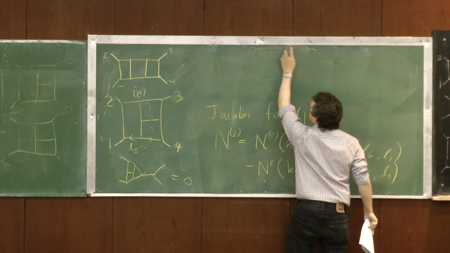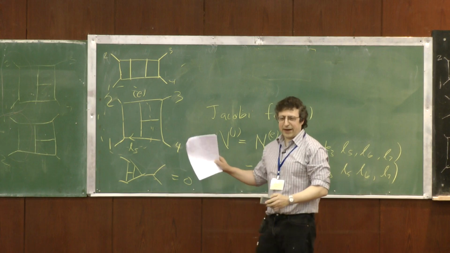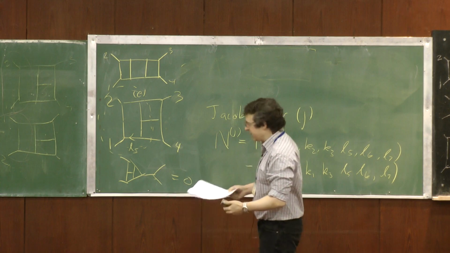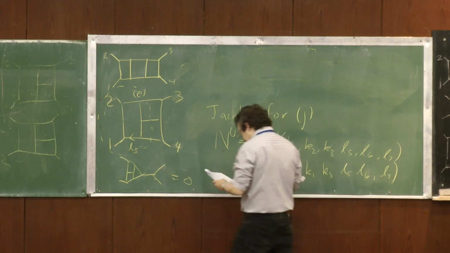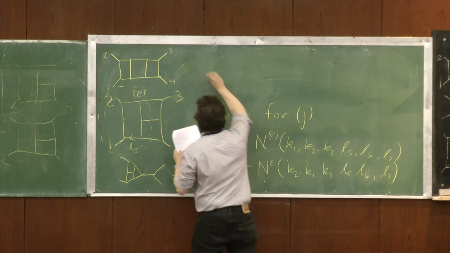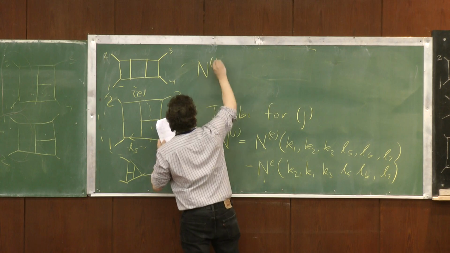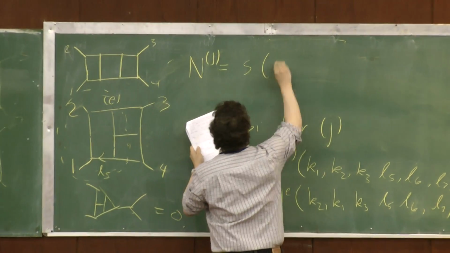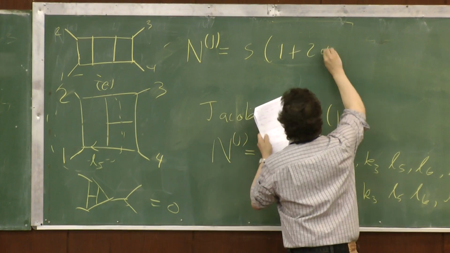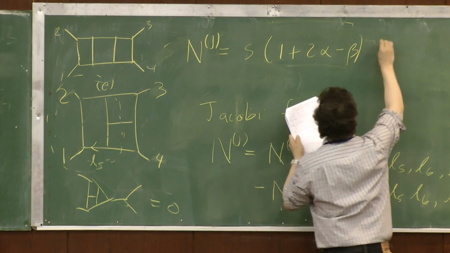And if you're one of those impatient people, just type it into Mathematica and say simplify, right? Don't fool around. But anyway, you very quickly, with just a little bit of algebra, get the following result. And that's in terms of the parameters that are still left. It's S, 1 plus 2 alpha minus beta.